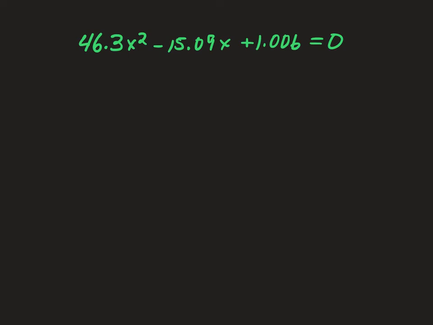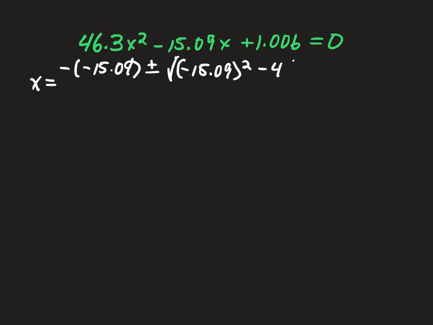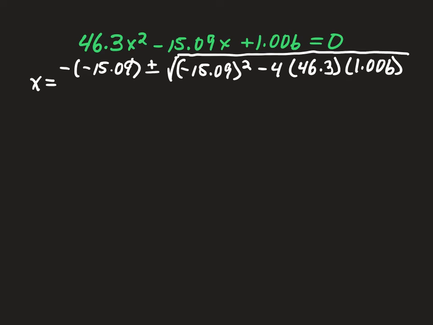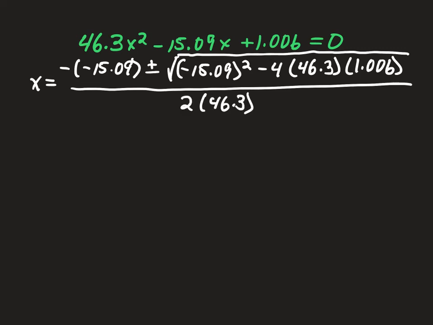When we put that in the quadratic formula, we get x equals negative of negative 15.09 plus or minus the square root of negative 15.09 squared minus 4, where a is 46.3 and c is 1.006, all divided by 2 times 46.3, 2a.